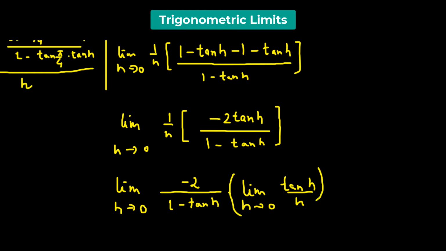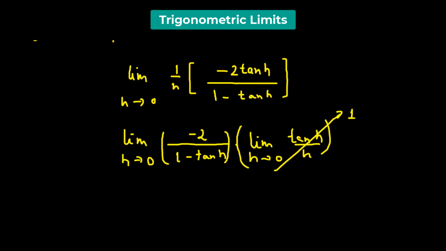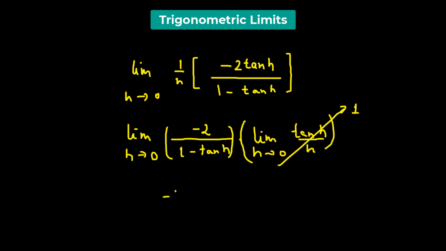So this entire limit is equal to 1. That leaves us with only one function. When we substitute the value of h, that gives us negative 2 divided by 1 minus tan 0. The tangent of 0 is simply 0, so we have negative 2 divided by 1 minus 0. So the limiting value of this particular function is −2.